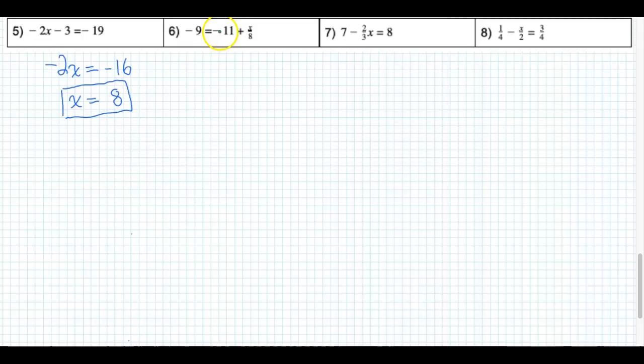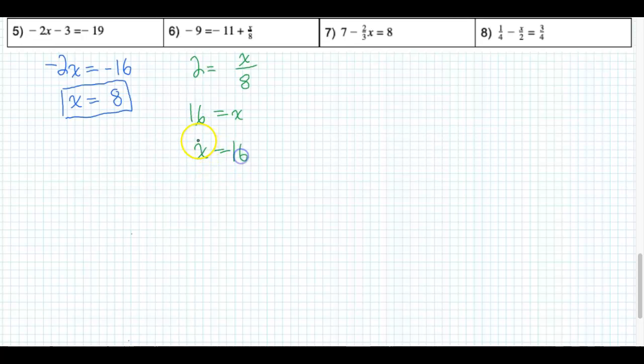So if I add 11 to both sides, I undo the subtraction. This is going to be 2 now, equals x over 8. And now I want to undo the division, so I multiply both sides by 8. Okay, so then I'll have x. And this is 16. So I can rewrite that as x equals 16.